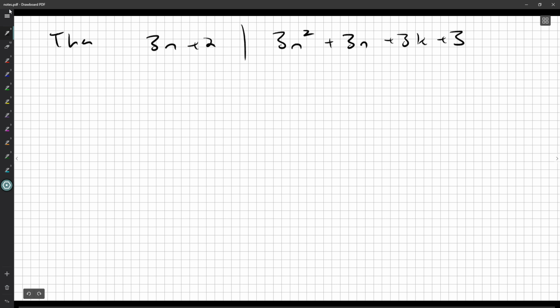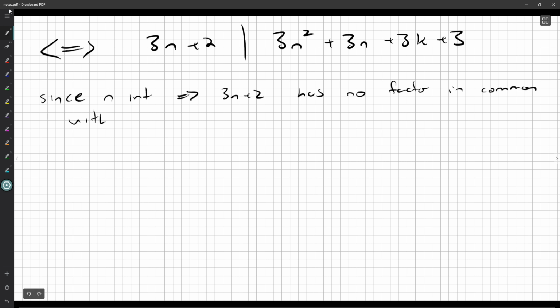And actually, that can happen exactly if, since n being an integer implies 3n plus 2 has no factor in common with 3.